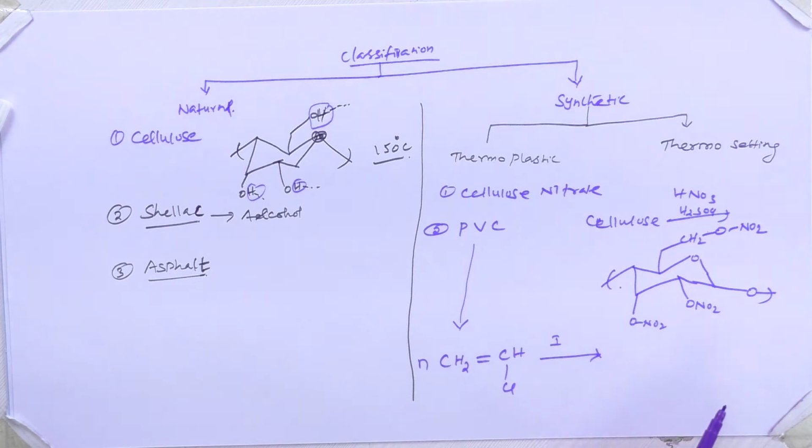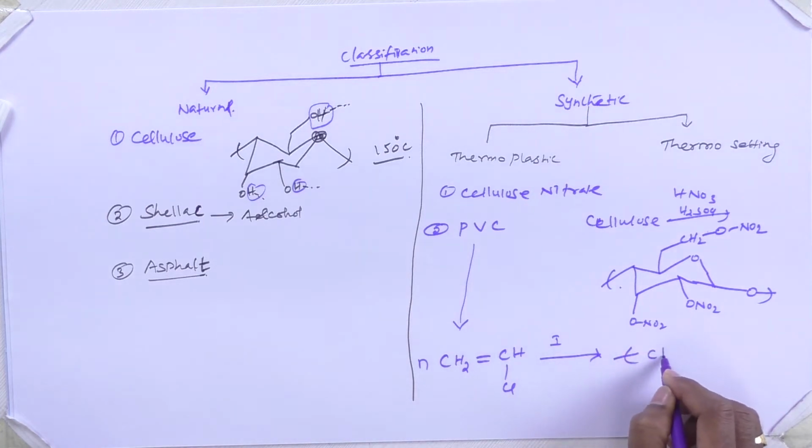One is called coupling type of termination, and the second is disproportionation. During the coupling process, two radicals are attached together to give one long polymer chain, and in the case of disproportionation, one hydrogen atom is transferred from one moiety and attached to the next one. As a result of this, we get one saturated and one unsaturated polymer.